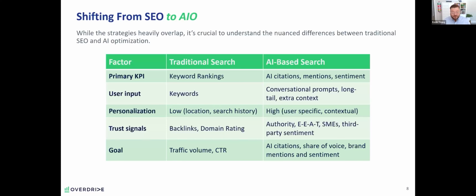Whereas in chat-based experiences like ChatGPT, if I ask a prompt and you ask a prompt, it's going to use everything it knows about our user profiles. It's going to use all the context of that conversation, context of older conversations, and ultimately the responses that you and I get are going to look much, much different as compared to, say, just Googling the same question on Google. Now, trust signals are another factor that are much different.